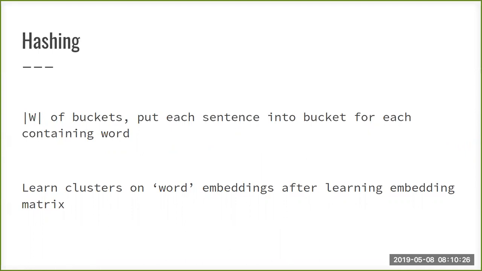So the initial version they had was to scan all the sentences, and for each word that there is, make a bucket, and then put each sentence into all the buckets of the words it contains, pretty much.